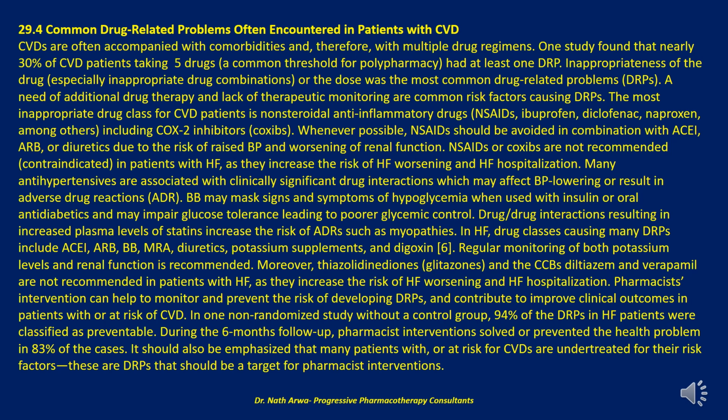During the 6 months follow-up, pharmacist interventions solved or prevented the health problem in 83% of the cases. It should also be emphasized that many patients with or at risk for cardiovascular diseases are undertreated for their risk factors. These are drug-related problems that should be a target for pharmacist interventions.